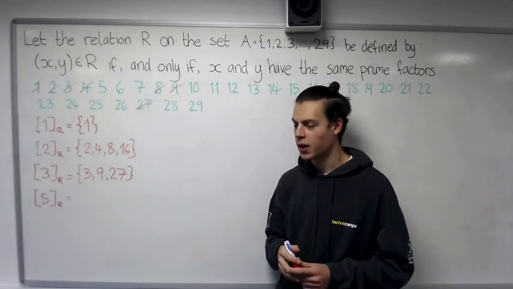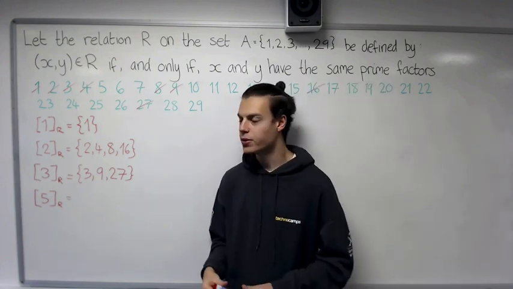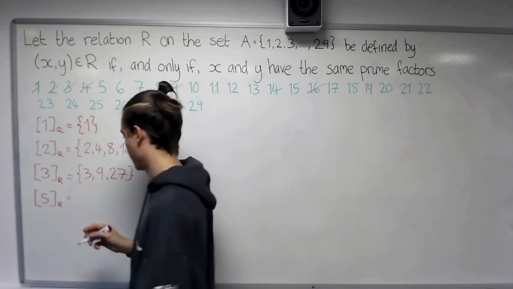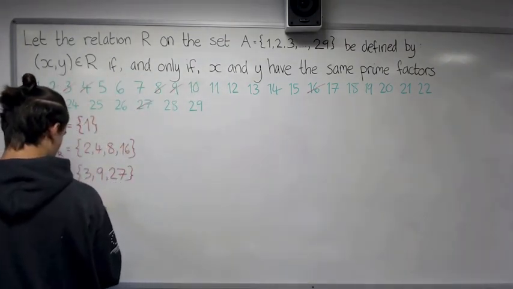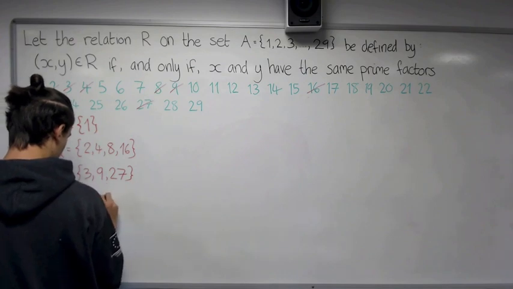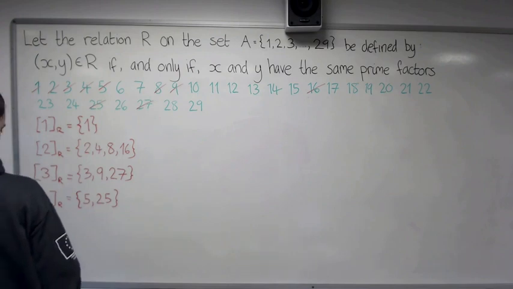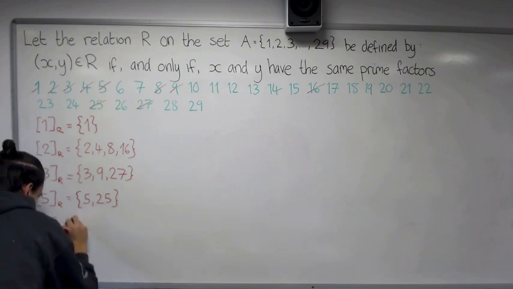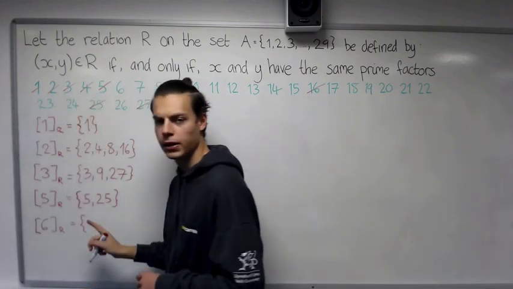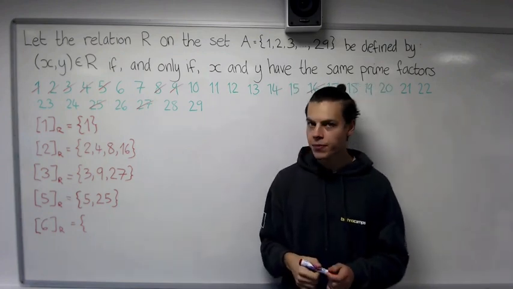Now 5 has prime factor 5 and nothing else, and this is also true for 25. Now 6 has prime factors 2 and 3.